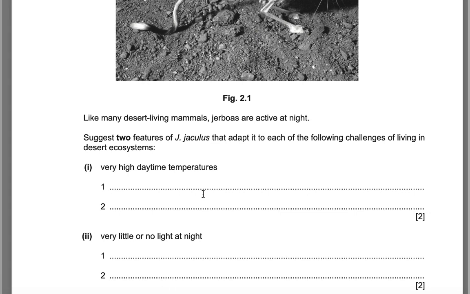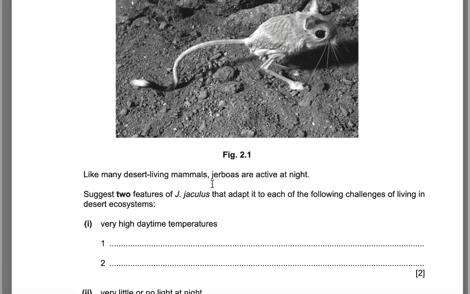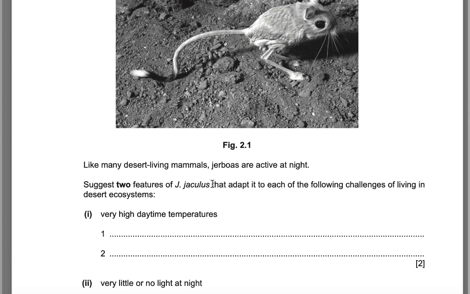You know, they stay underground in the burrow. Rat or rodent, they dig the hole underground. They live underground. So one of the features to survive very high day temperature is a burrow underground.